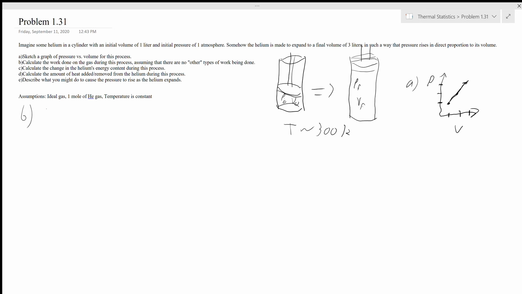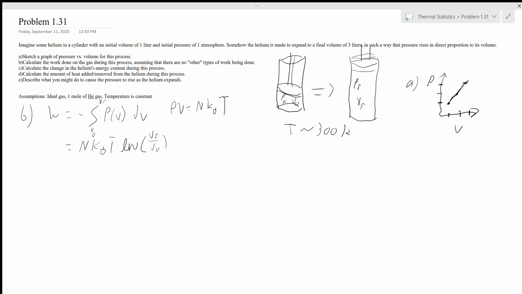And so the work is the negative integral of pressure as a function of volume, dV, from V naught to V_f. And since this is an ideal gas, I can say PV equals N k_B T and solve for P, and then plug that into this, and then do this integral, which I get as N k_B T times ln of V_f over V naught.